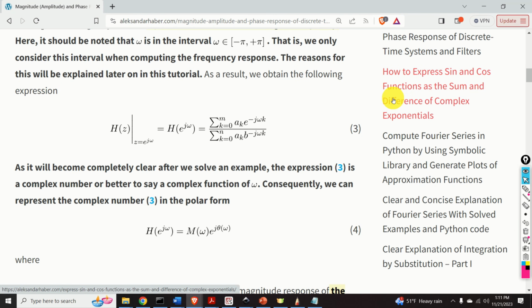There are a number of approaches for computing the phase and magnitude responses. For example, we can use the polar form of a complex number to transform expressions in the numerator and the denominator of this function. And from there, we can find the polar form of the complete expression.